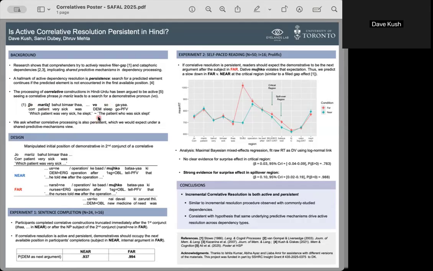Since there's a forward-looking dependency, we can ask whether the same kind of active resolution strategies are observed in correlative processing. So the question is, upon seeing a correlative pronoun, do comprehenders quickly posit that the corresponding demonstrative pronoun will be in the next available position?